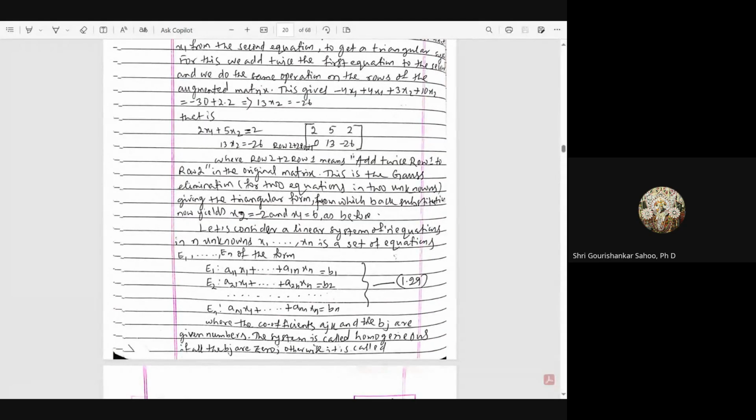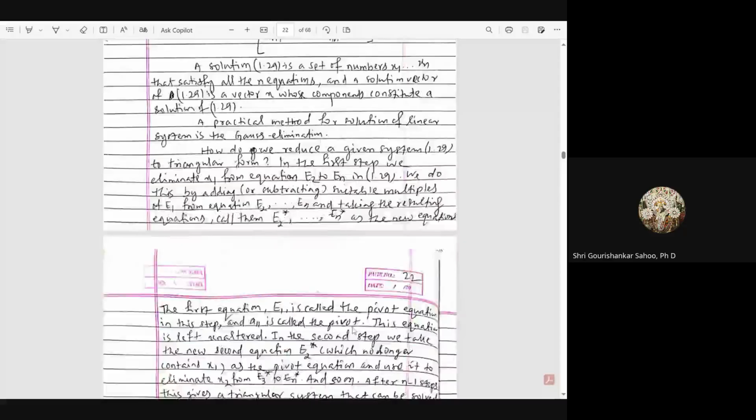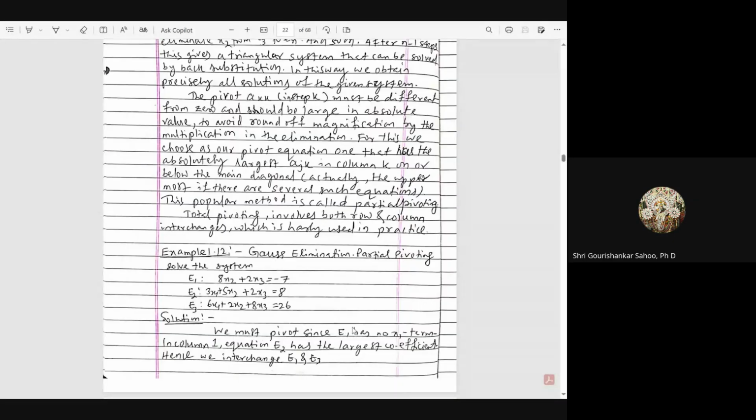So it is solved. Similarly, by back substitution and Gauss elimination, we can solve a system of equations having more than n rows and n columns.